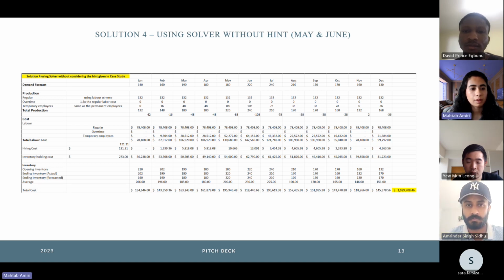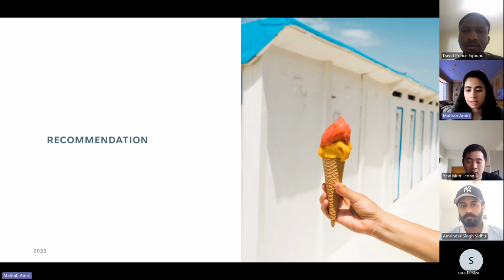Thank you. The recommendation based on the aggregate production planning analysis includes, first, implementing a temporary labor scheme, especially for option one and option four, which have the lowest overall cost. Second, maintaining safety stocks equivalent to expected demand for several months to reduce stockout risk and backorder expenses.